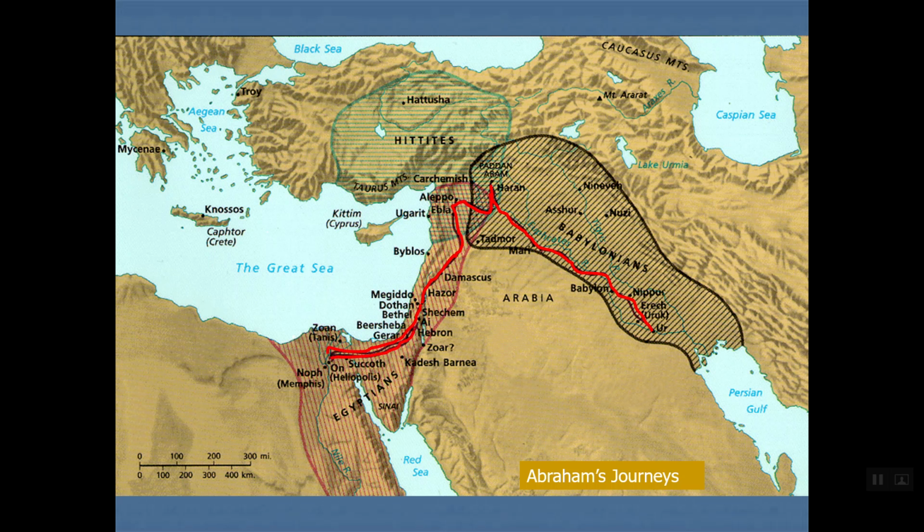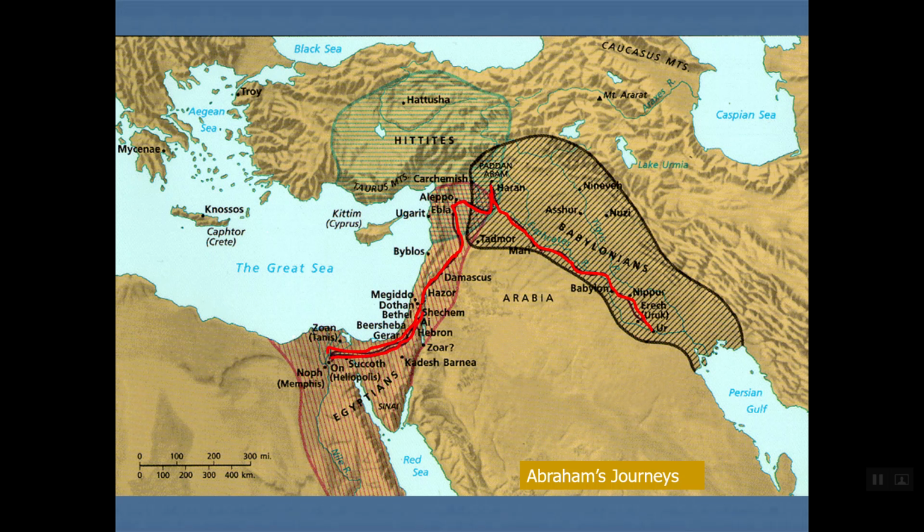Now, if they're eventually headed to the promised land, why do you think they just need to cut straight across that way? Because it's a desert. There's desert there. It's extremely difficult travel. They're going to be on the edge of this area when they make their journeys. But this is brutal to try to cross.